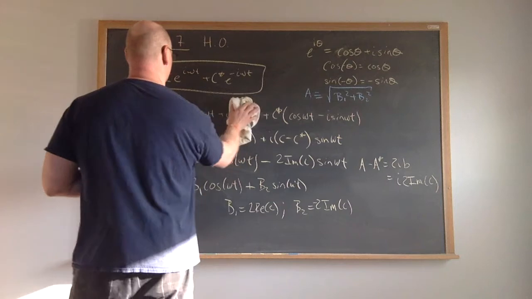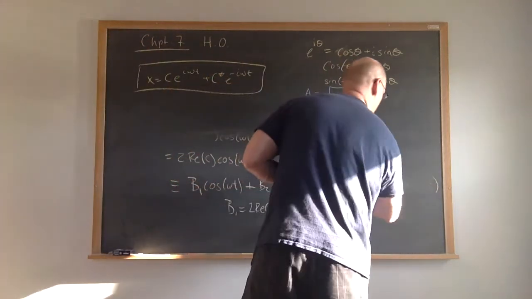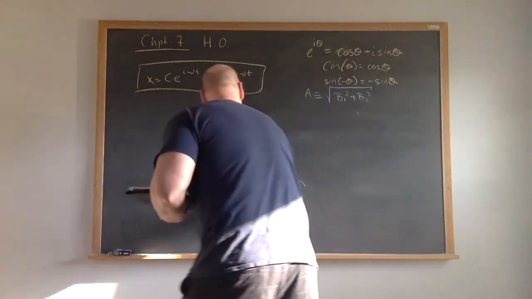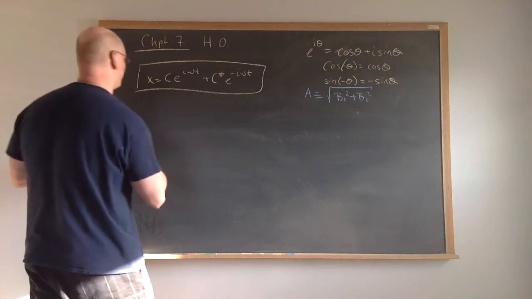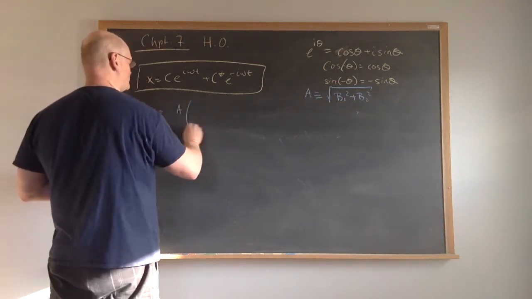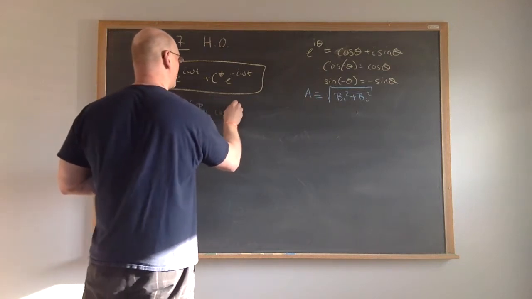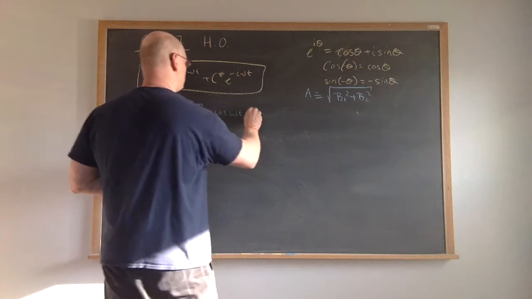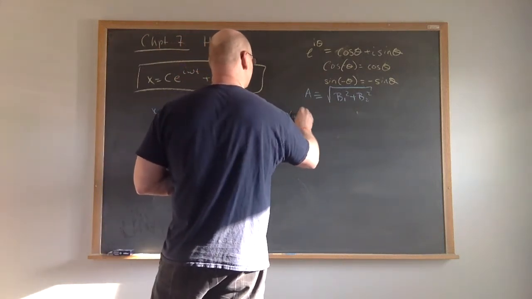So in this case, let's factor out a 1 over a. We can always rewrite x as a times b1 over a times cosine of omega t plus b2 over a sine of omega t.